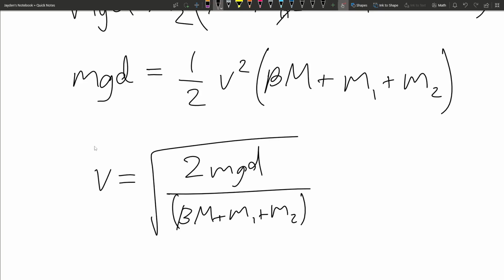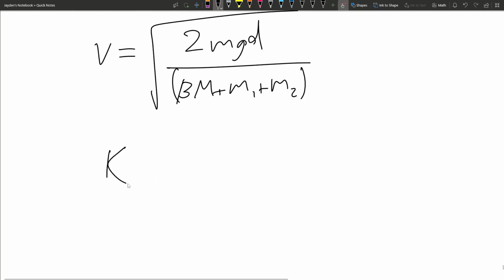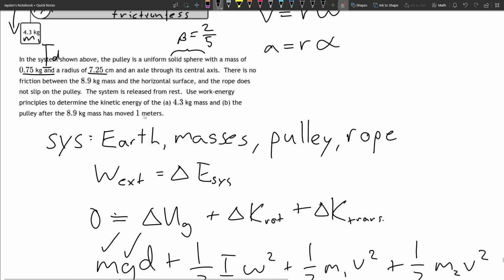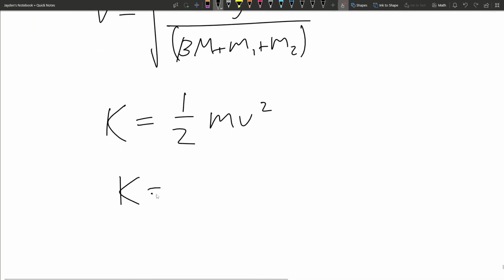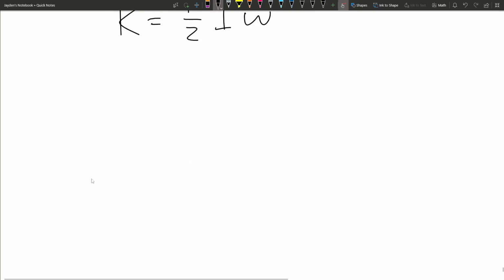And once you have v, you can plug that back into the kinetic energy formula of 1/2 mv squared if it's asking you for the kinetic energy of a mass, which here it does ask for the 4.3 kilogram mass. And if it's asking for the pulley, you can just plug it back into 1/2 I omega squared. So yeah, that's the first question. Let's get on to the second question.